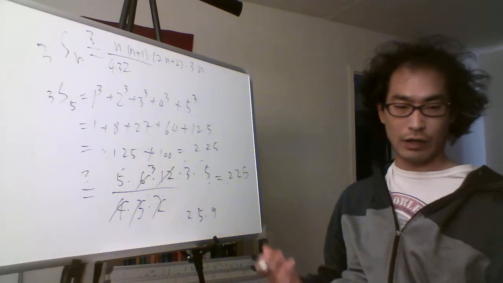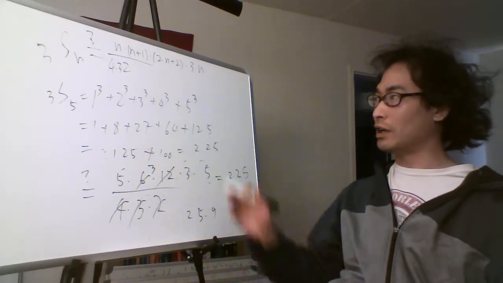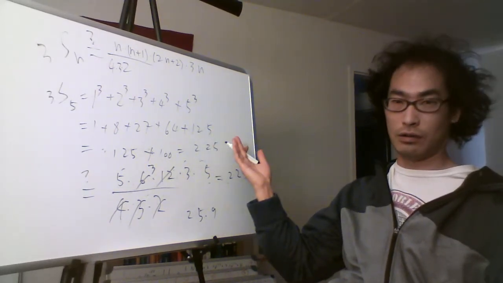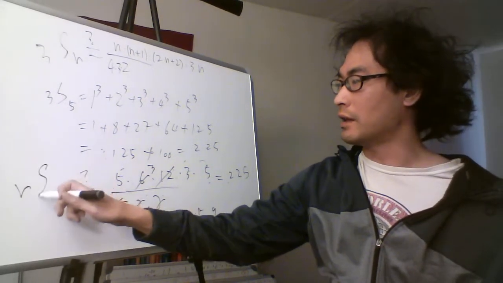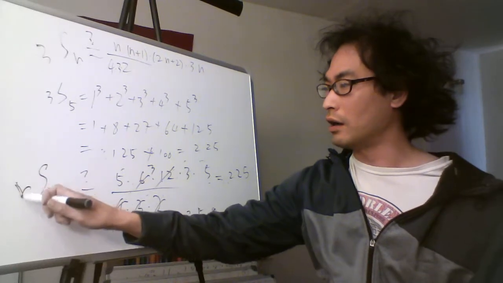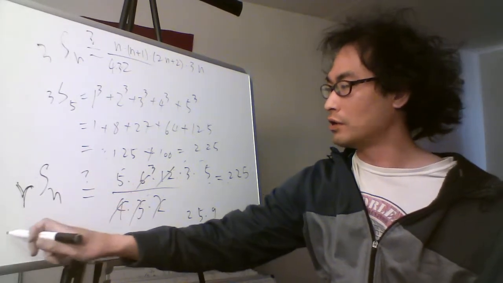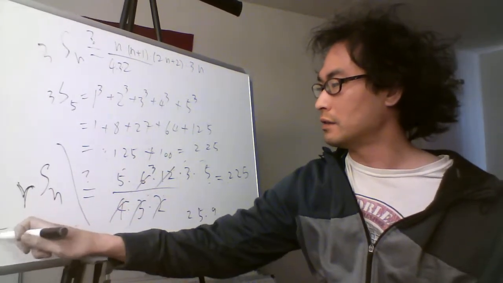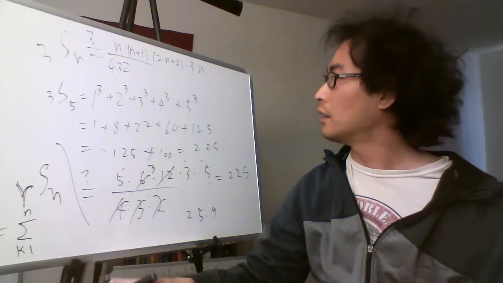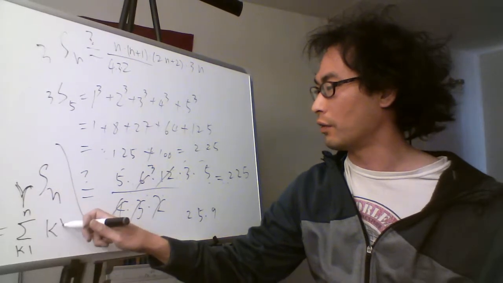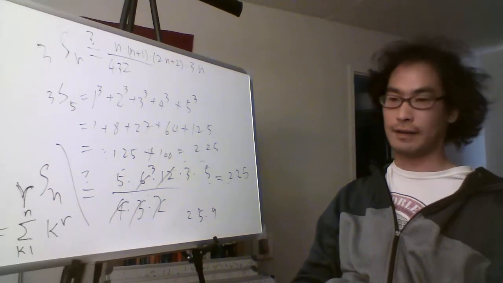Now we need to find out the pattern because we're gonna make it general. Okay, we're gonna do R S N. R S N is sigma k from 1 to n, k to the rth. Okay, so that's what we are trying to find.